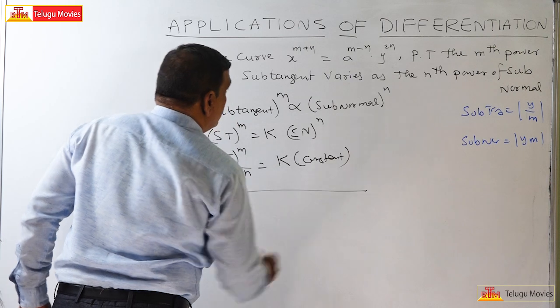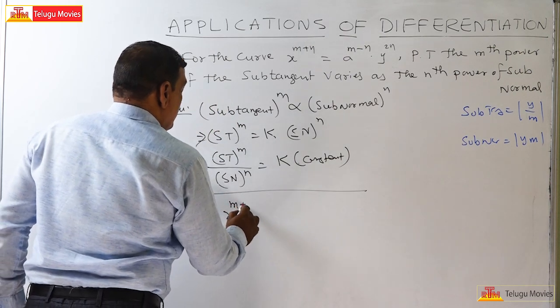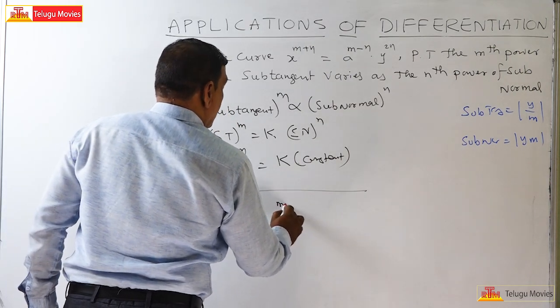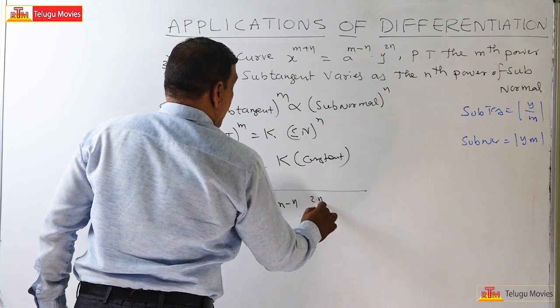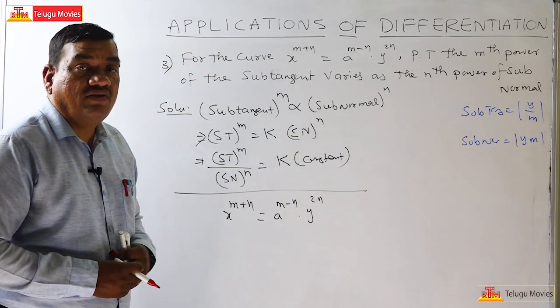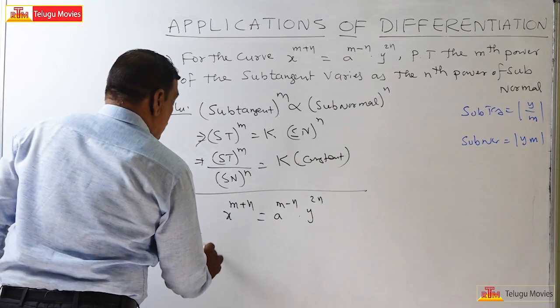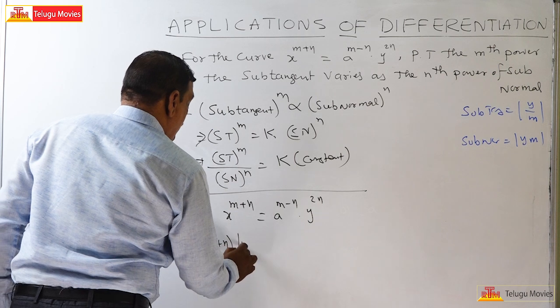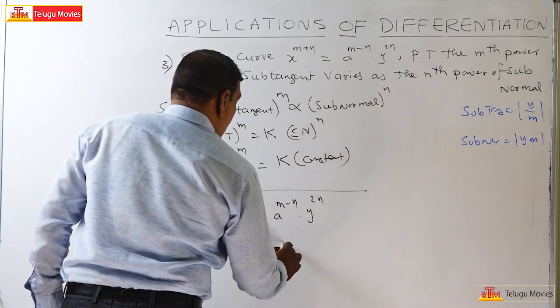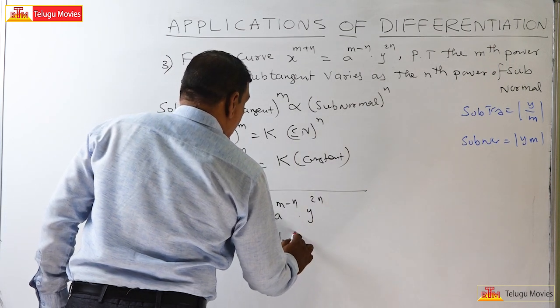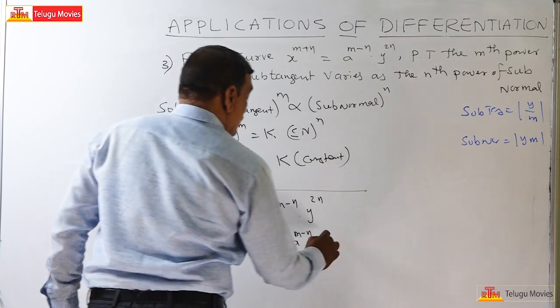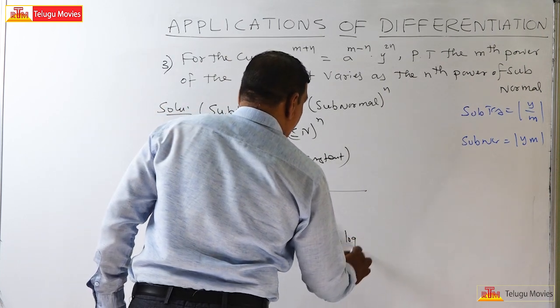Here it is given that x^(m+n) = a^(m−n) y^(2n). Before finding the derivative, let us take logarithms on both sides. Therefore (m+n) log x = log a^(m−n) + 2n log y.